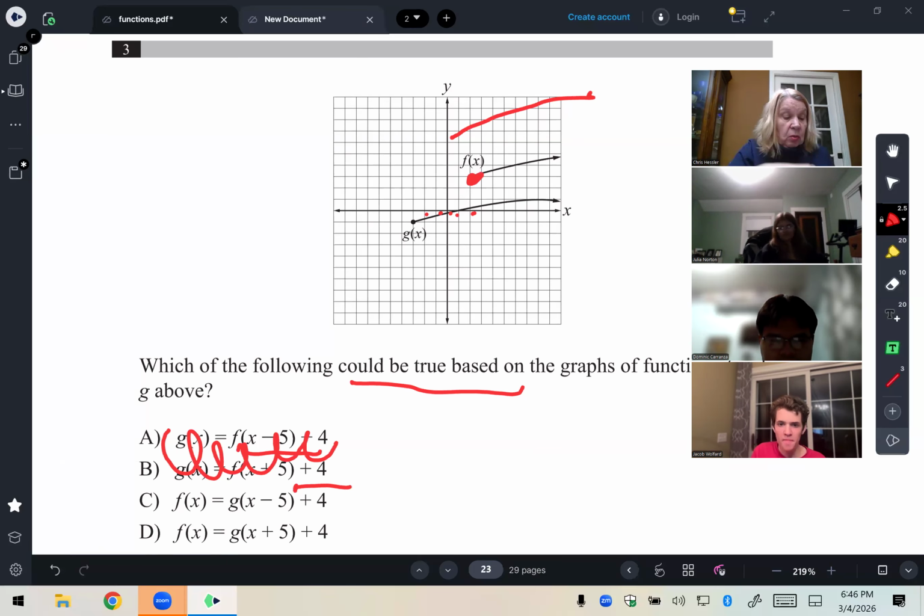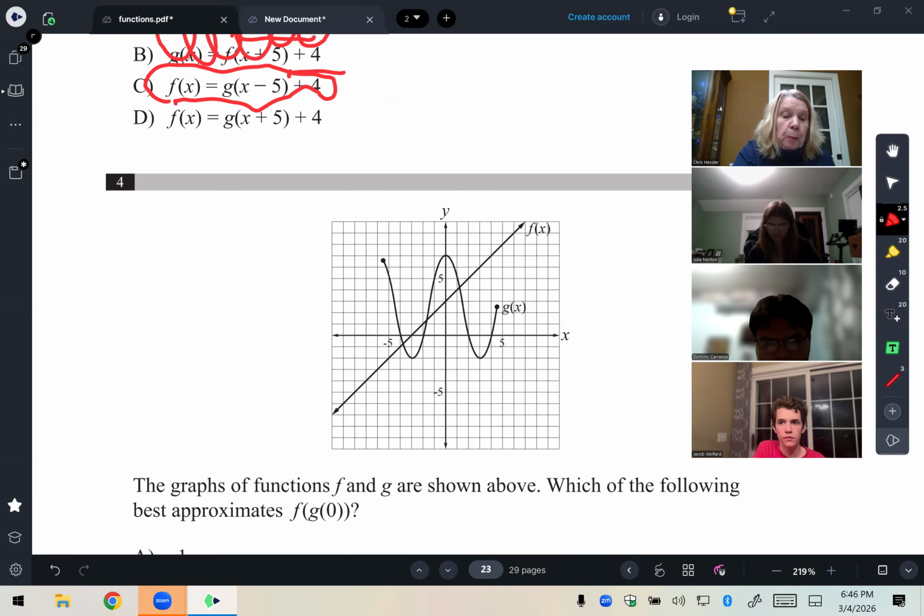So 5 to the right and up 4 is going to be C, right? Yeah. It's just that that little thing is confusing. When it's a negative, it actually moves it to the right. I almost just have to memorize that. This one's easy.